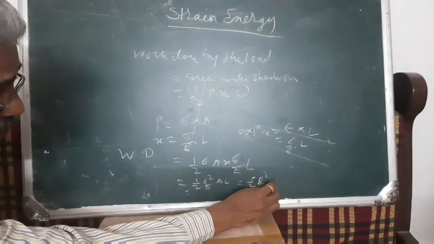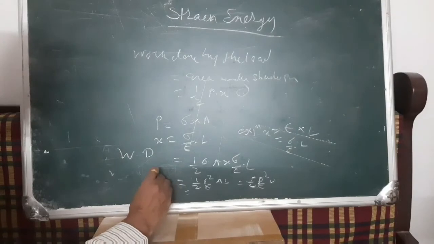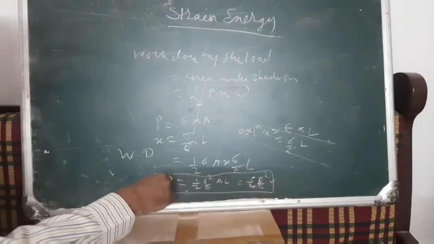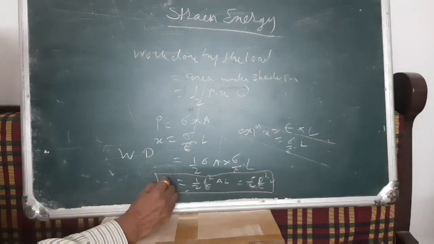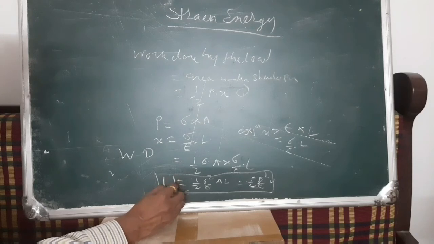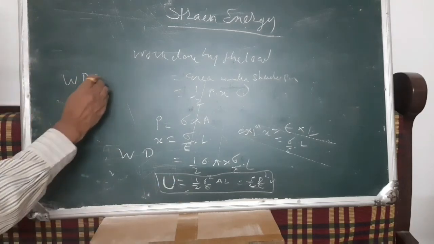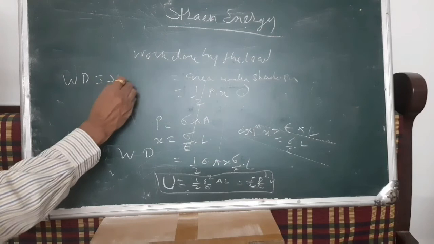That is the work done, or the strain energy stored in a body. So the work done by the load in stretching the body is equal to the strain energy, which we can call capital U. Work done is equal to the strain energy stored in the body.